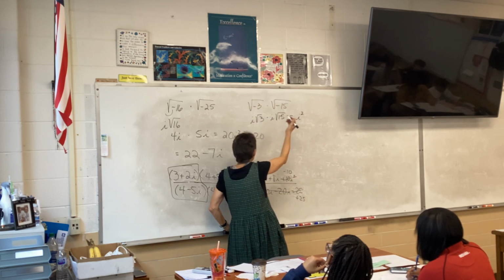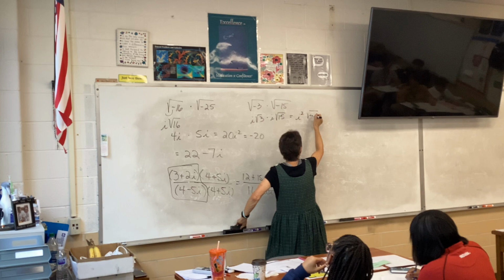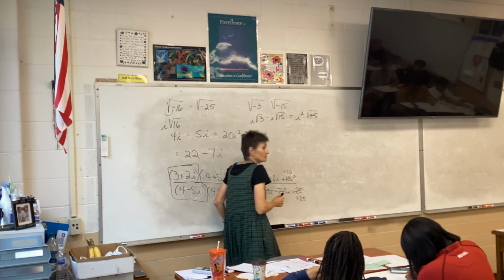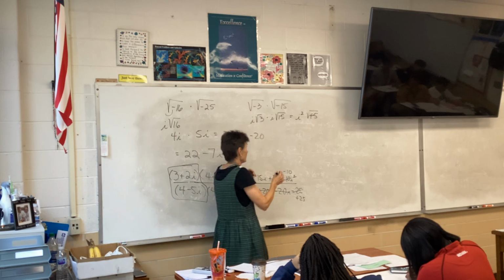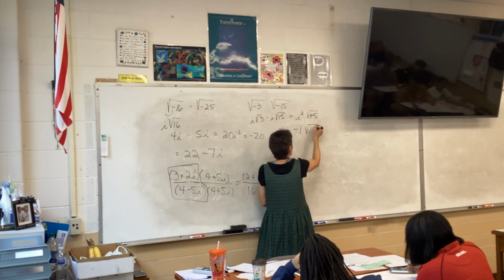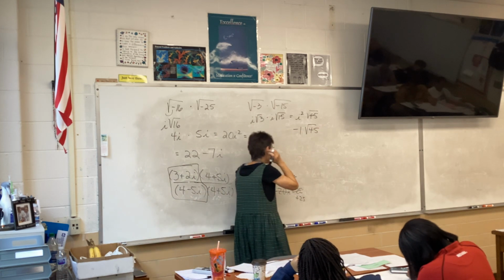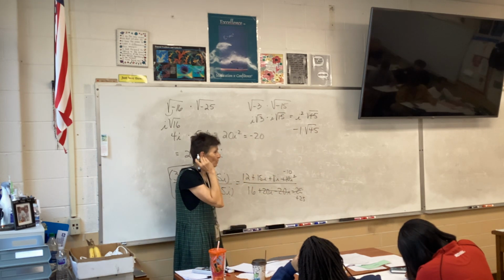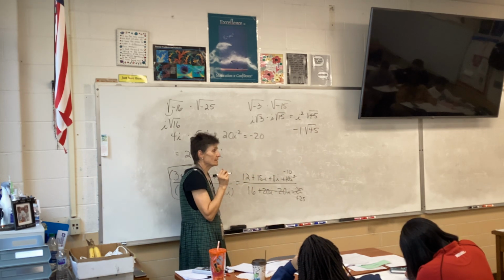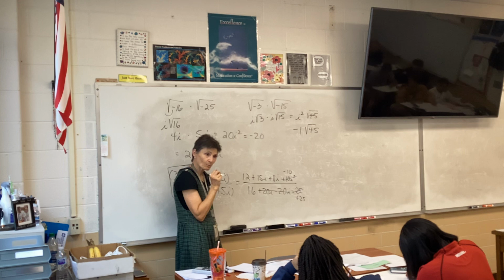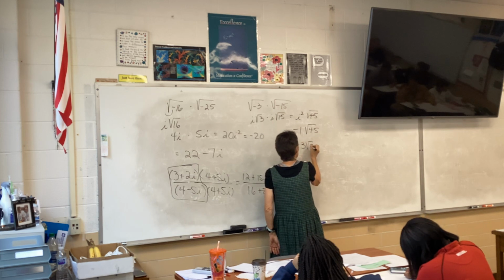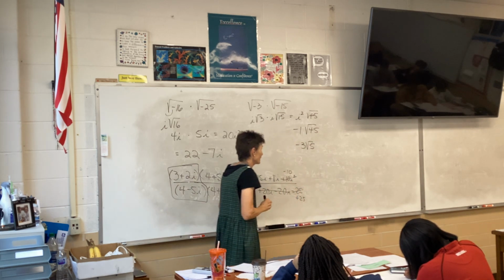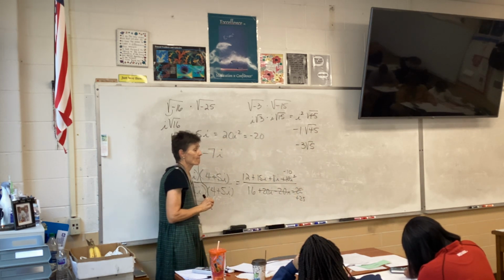But now I'm going to have the square root of 45. i squared is negative 1. And does 45 break down? It does. What does it reduce into? 3 radical 5. So negative 3 radical 5 is the final answer to that problem.